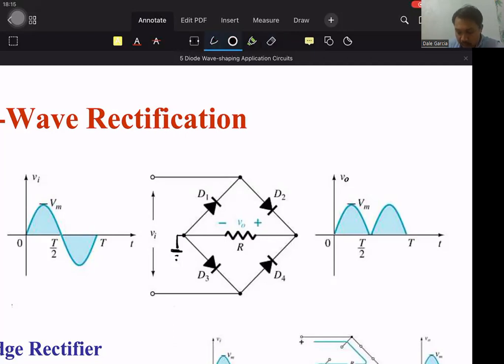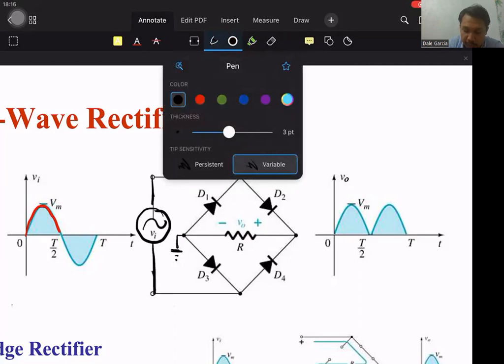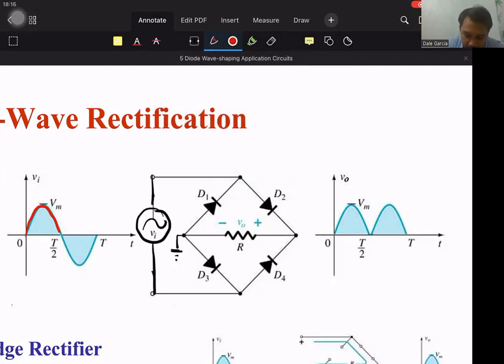Okay. So for the positive half cycle, the current will go in this direction. It goes from the source. Remember, our source is AC, not DC.